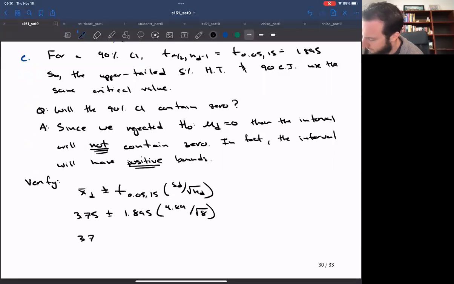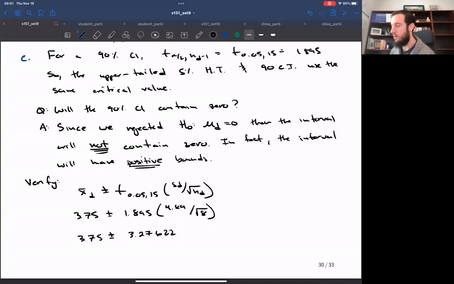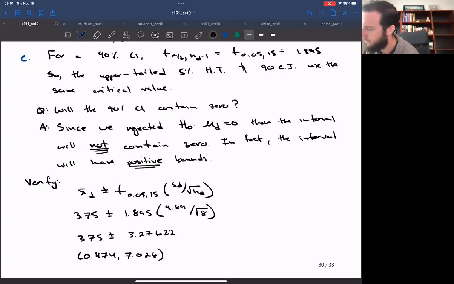That gives us 3.75 plus or minus 3.2622. And now you can basically see that this is going to work out, because when you subtract this value from 3.75, it's still bigger than 0. So this is going to give us 0.474 to 7.026.